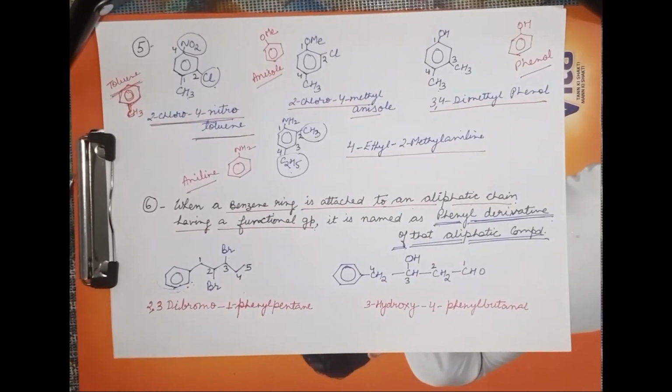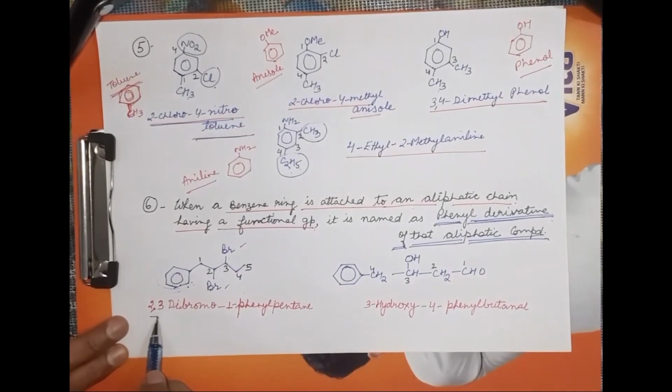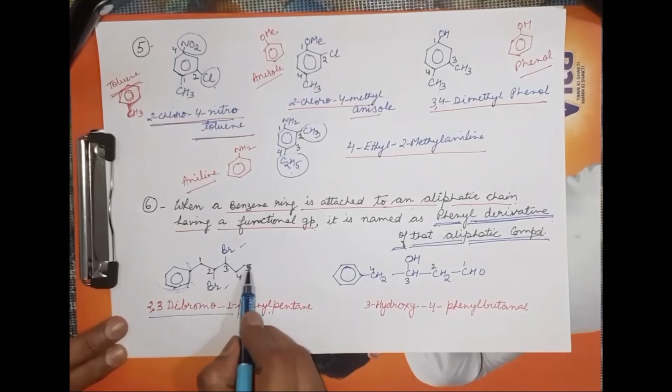Here we can do the numbering. This will be the number 1 carbon: 1, 2, 3, 4, 5. First we write the prefix. The prefix will be these two bromo groups, at positions 2,3-dibromo, and on carbon number 1 this phenyl group is there: 1-phenyl, because this is a 5 carbon atom parent chain, pentane.